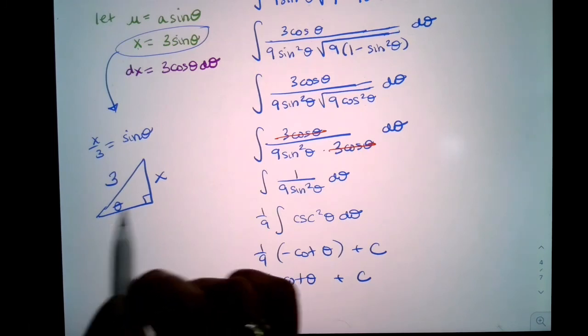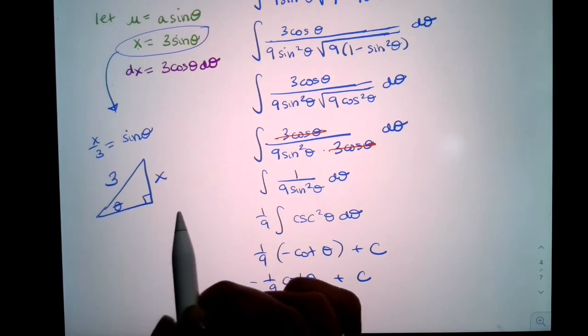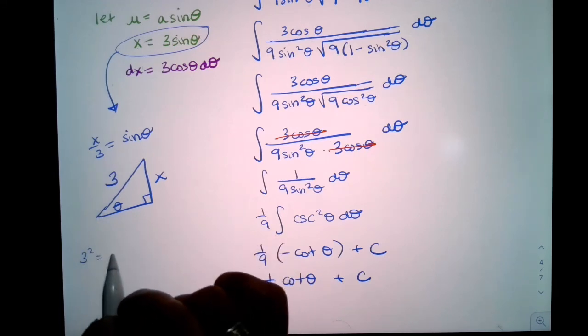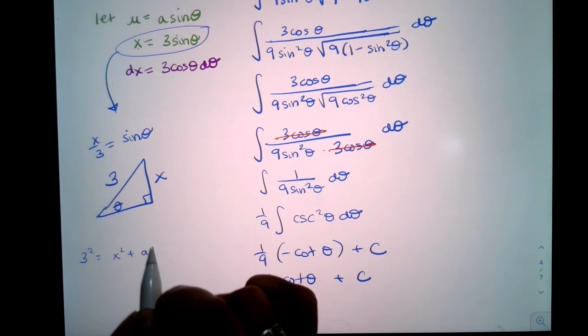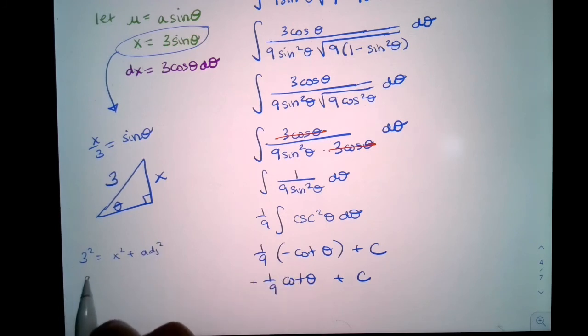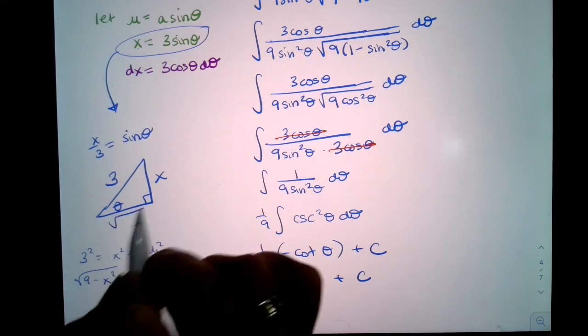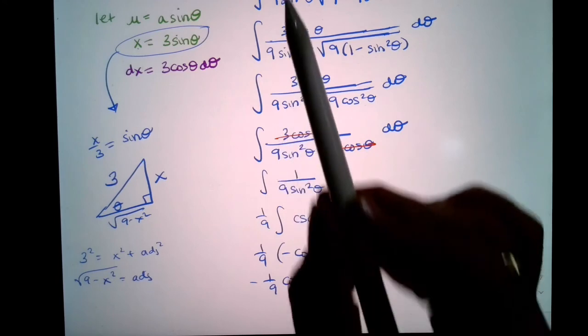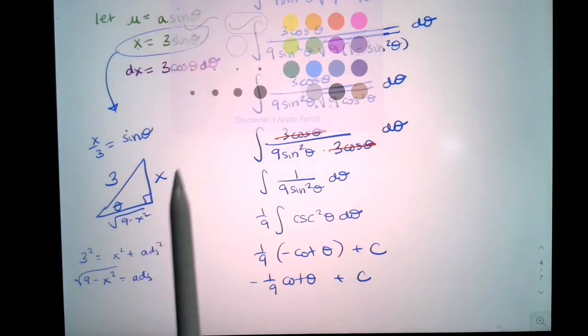And when you solve for that third side, just using the Pythagorean theorem and working it out, hypotenuse squared equals leg squared plus adjacent squared, you end up with that thing that you were replacing, the square root of 9 minus x squared. This picture is going to help us switch everything over.